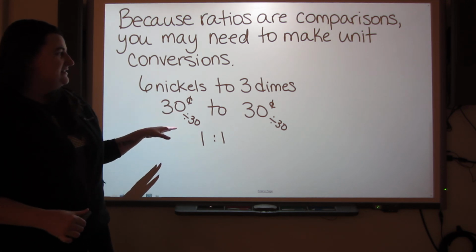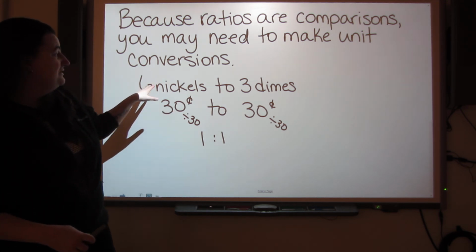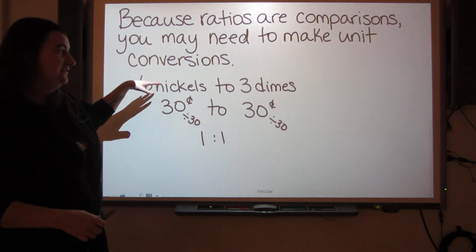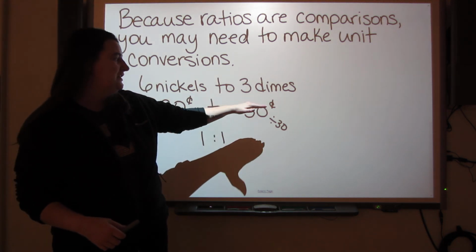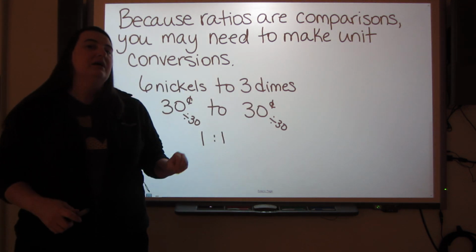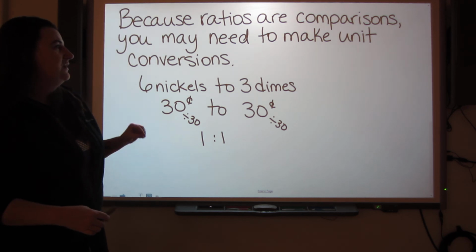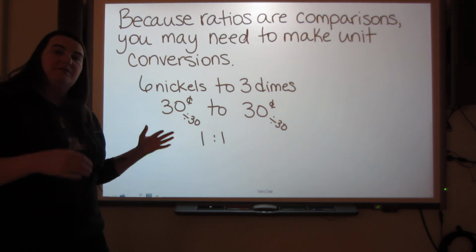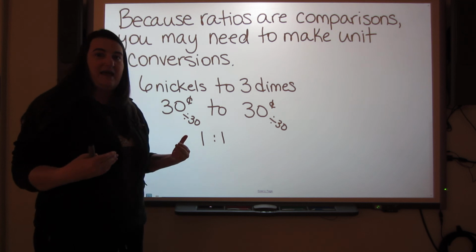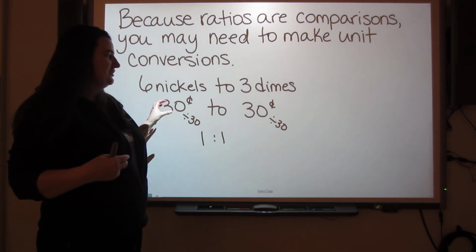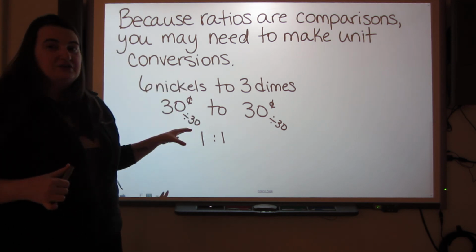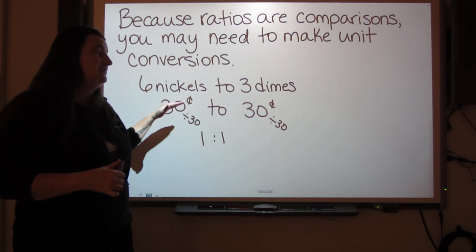So as you can see, I can do a ratio of coins, or I can do a ratio of actual value. And when you're working with ratios, you want that comparison to make as much sense as it can. So it makes the most sense to try to change whatever you're doing so that they have the same unit.